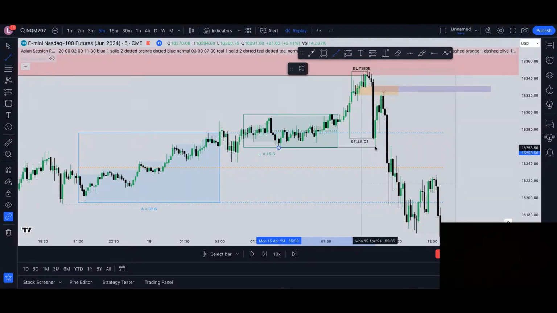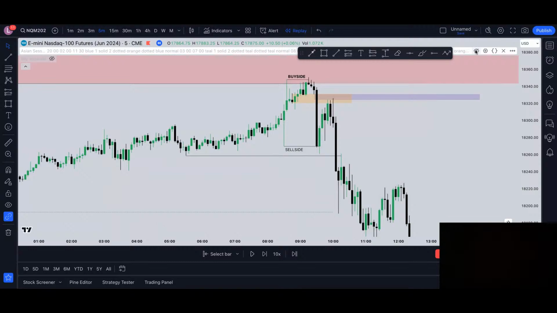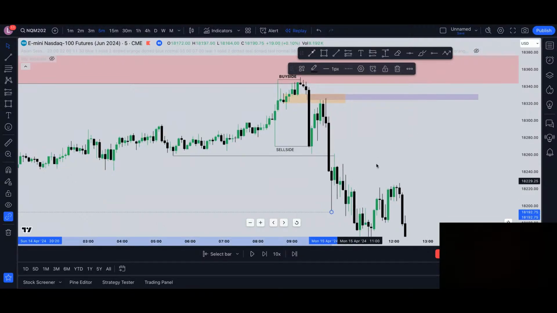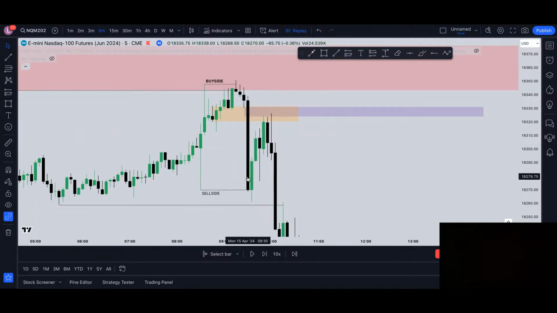As price almost left equal lows over here, after equities open, when price came back. So when I see this good displacement, right? So let's measure this leg.